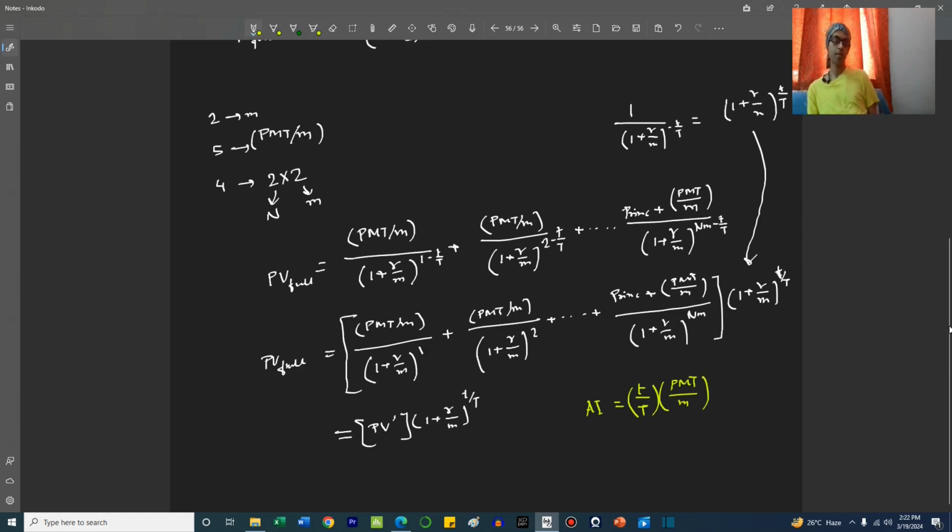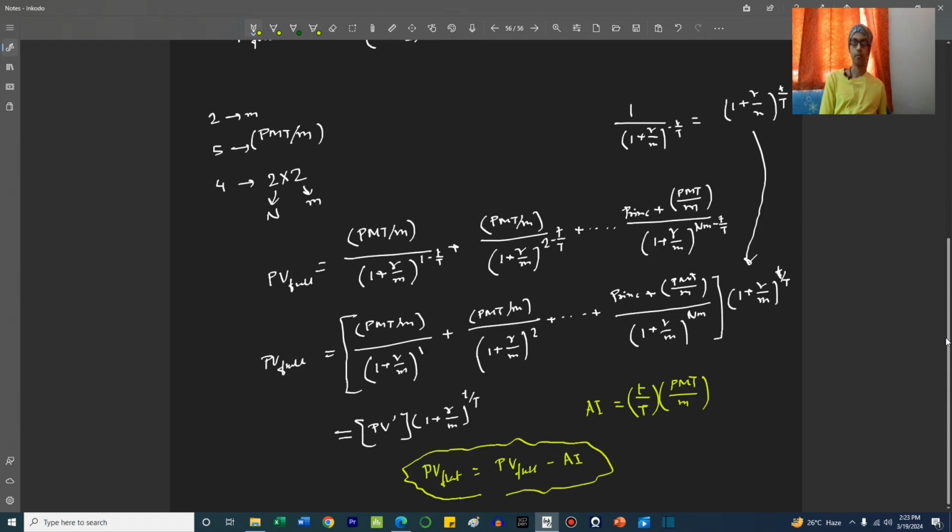The periodic interest payment, previously we expressed as PMT. Here we are expressing the same thing as PMT by M, where M is the number of periods. PMT is basically the annual coupon. So we can deduce the formula for PV flat as PV full minus AI. This is our final expression of the clean price of a bond and the full price of a bond.